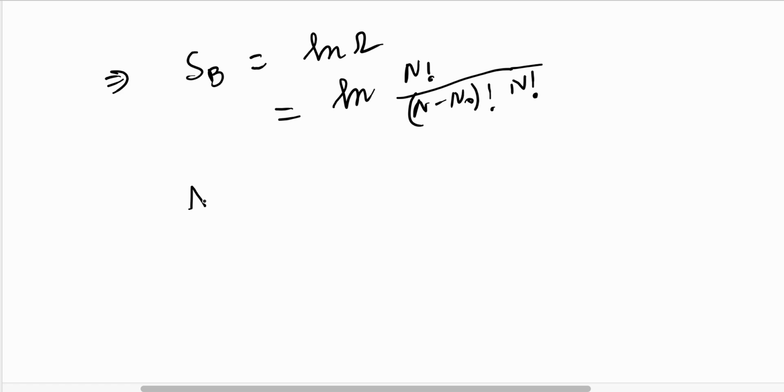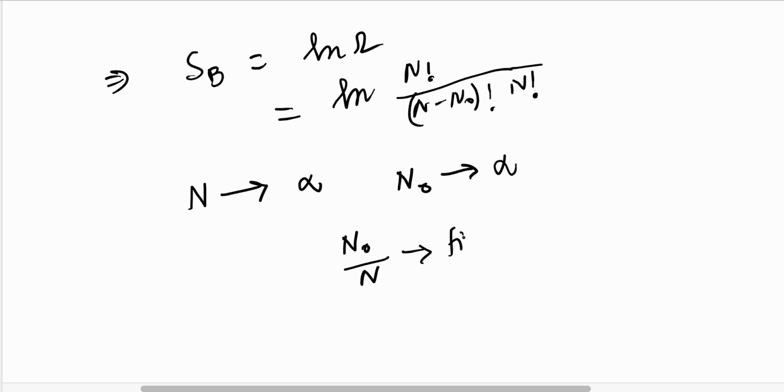Here it means that the total number of particles approaches infinity, and the number of particles in the zero energy state is also infinity. But the ratio n0 by n, the fraction of particles with energy 0, is finite.